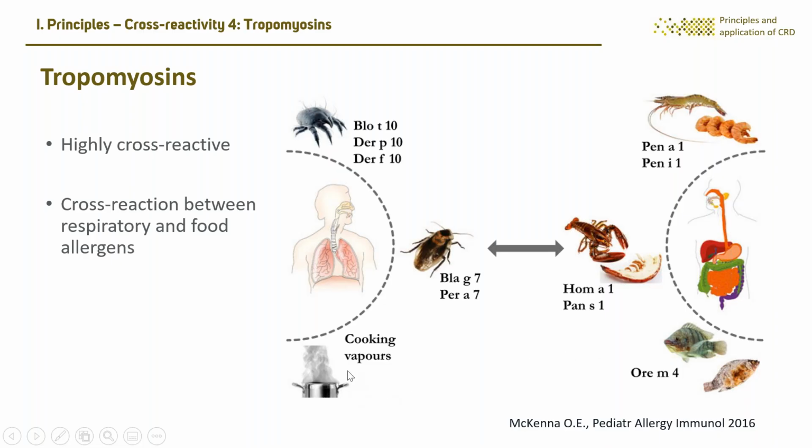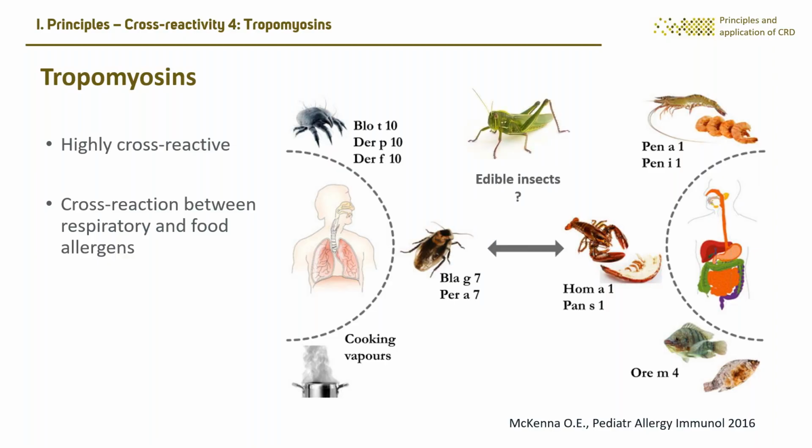And interestingly, if you prepare, for example, a dish which contains seafood, it can also be that the tropomyosins are contained in the vapor, and the patient is exposed to tropomyosins from seafood via the respiratory route, leading also to clinical reaction.